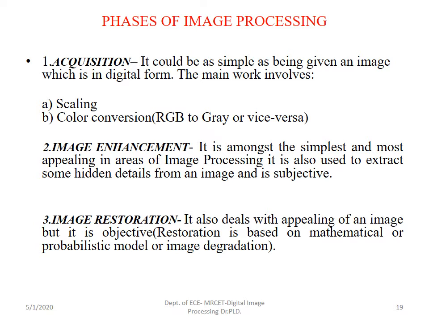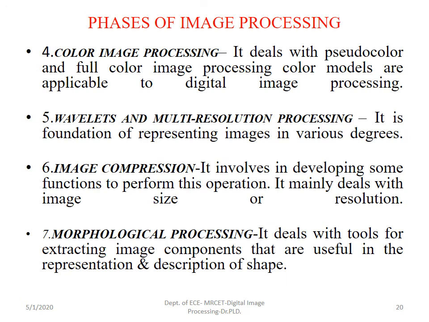Knowing the degradation model or degradation type, we can apply the reverse mechanism to retrieve the image as close as possible to the original image. That method is called image restoration. But in both image enhancement and image restoration, we are targeting improving the quality of an image only.